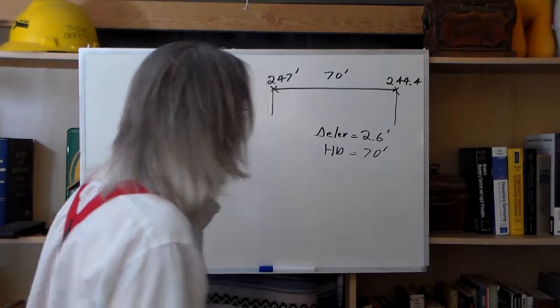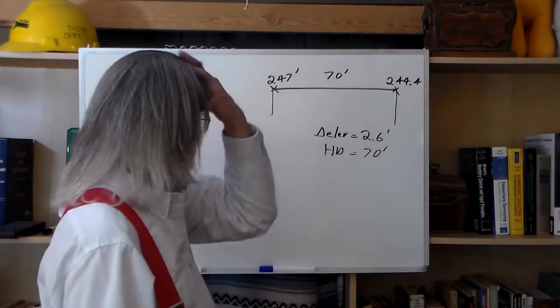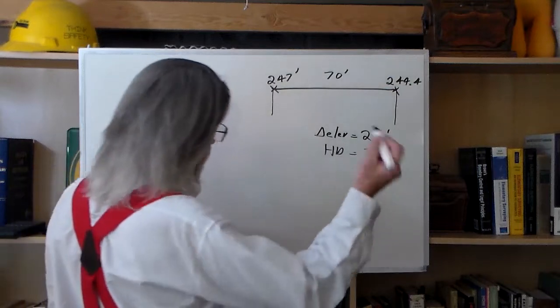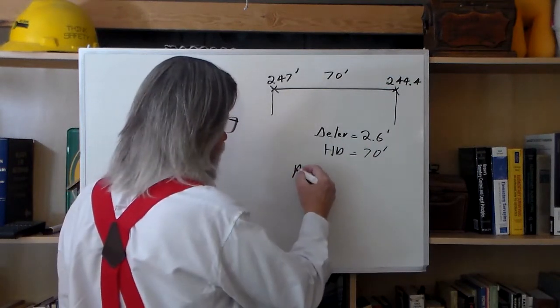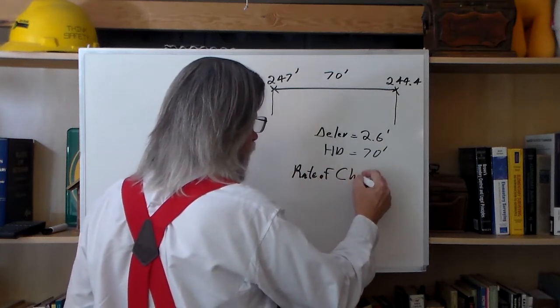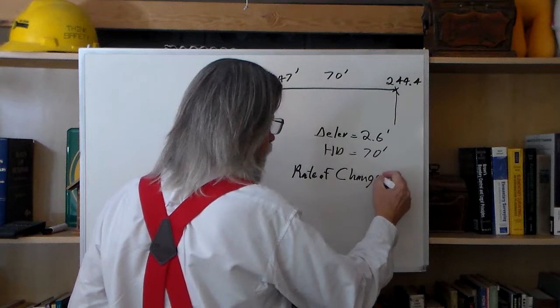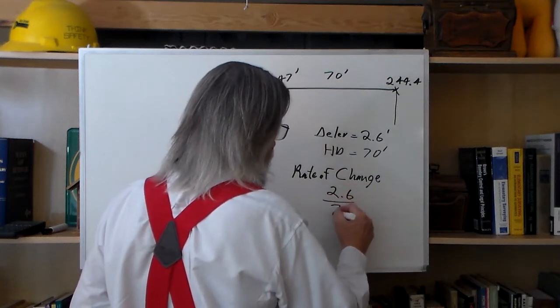Now, back to the math. We have a delta elevation of 2.6 feet in a horizontal distance of 70 feet. That means our rate of change is going to be 2.6 divided by 70.